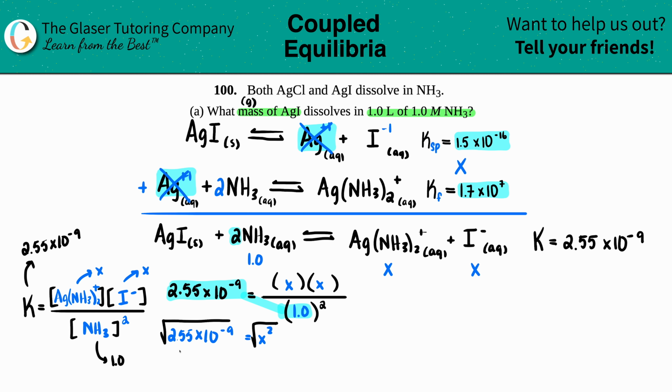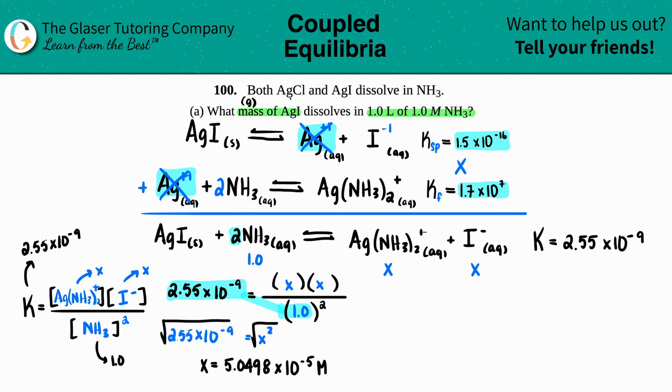Okay, so now we have X equals 5.0498 times 10 to the negative 5th. I'm not going to round to the nearest sig figs yet because I'm not at the answer. And that's molarity. Now, this is what the X values are.